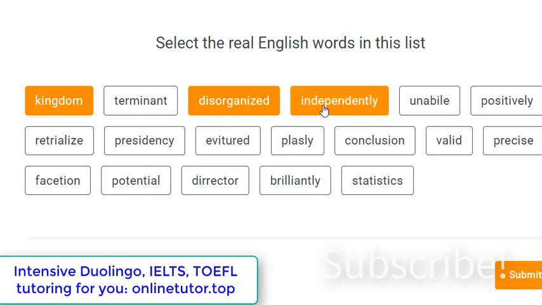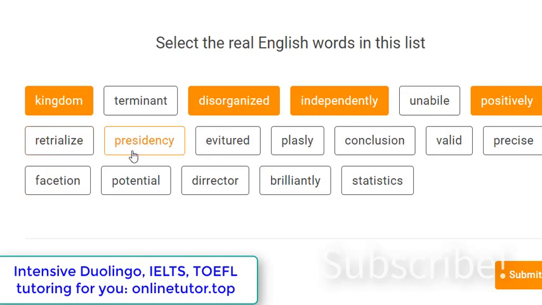Depend, dependency, dependent, independent, independently. Everything's fine. It means without any dependencies upon somebody else. Unabile, no, I don't think it exists. Positively, of course, nice word. A positive word, positively. As you see, it's an adverb.